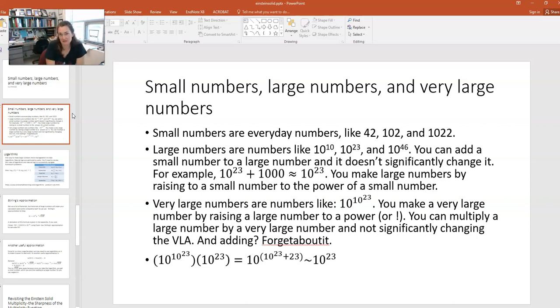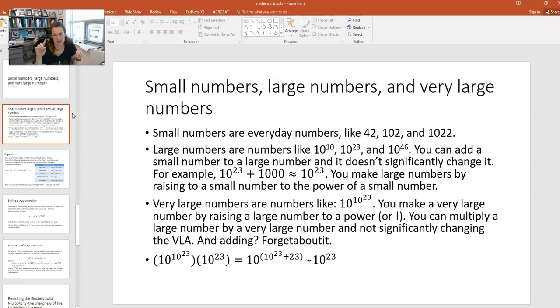As an example, let's take that very large number, 10 to the power of 10 to the 23rd, and multiply it by 10 to the 23rd. Remember that when you multiply things with the same base and different powers, you add the powers together.